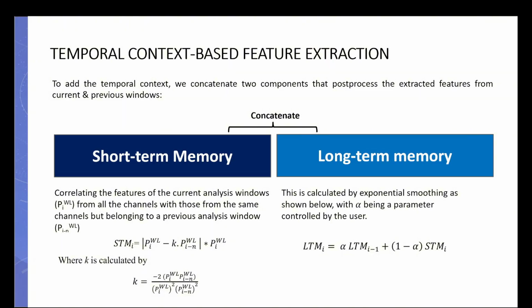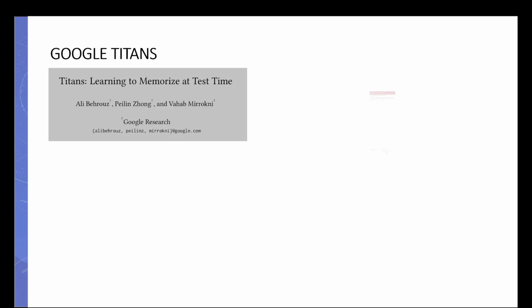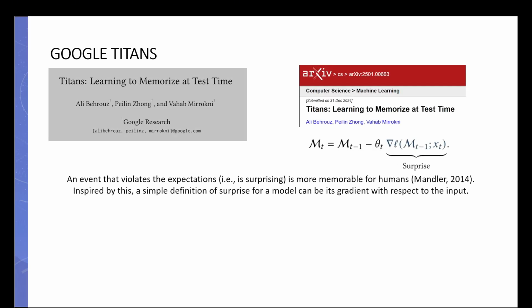And we decided to test the accuracy of this approach. However, it's important to mention that as we submitted this paper to EMBC 2025 in January 2025, there was actually a paper coming out from Google at around the 31st of December 2024. It's called Titans: Learning to Memorize at Test Time. So they were doing something similar in a slightly different approach, and they were saying an event that violates expectations is more memorable for humans.